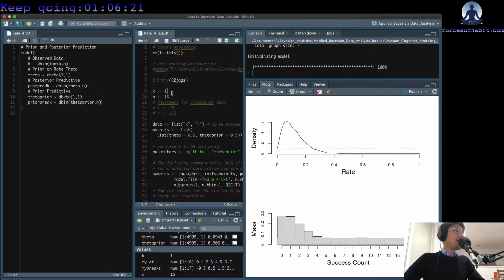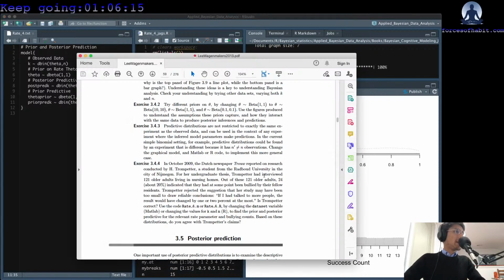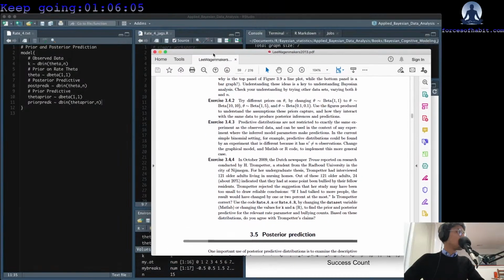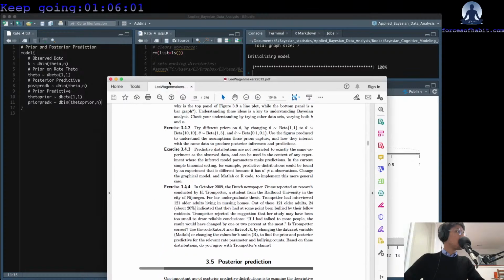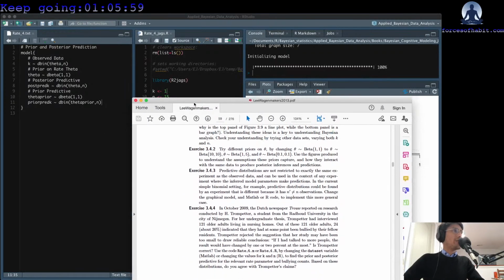Because n is what we observed in the data, but maybe it's like having an n2.